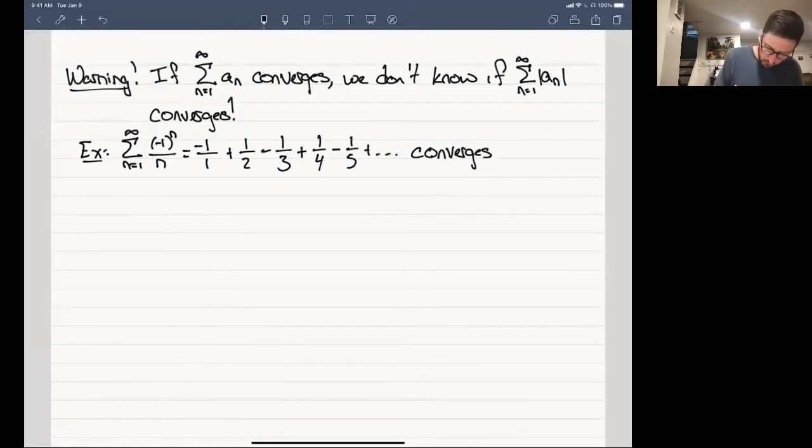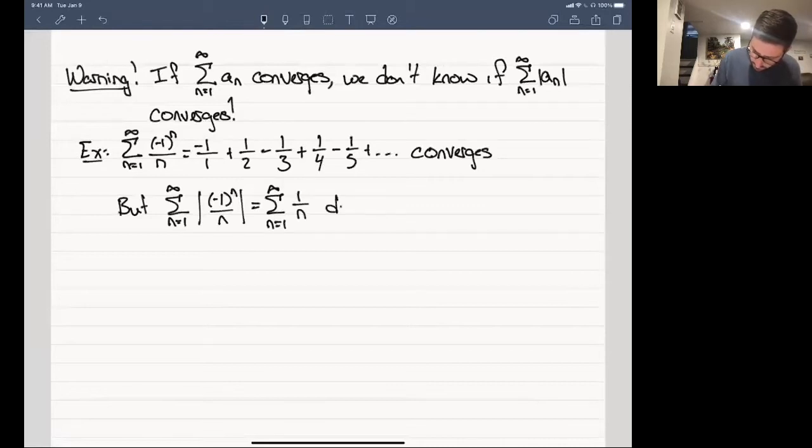And of course, we know that the sum of absolute values here, which is just the harmonic series, the sum of 1 over n, diverges, right? So we have to be careful. We can only go in one direction with this absolute convergence test.